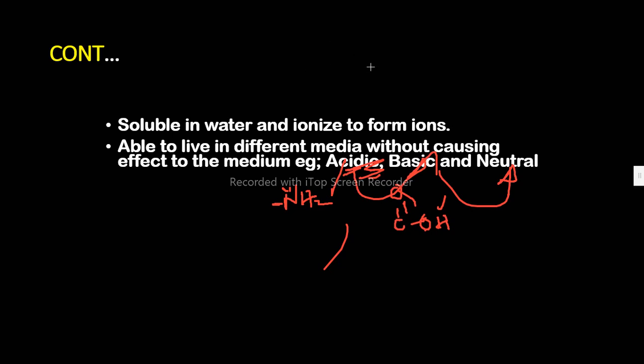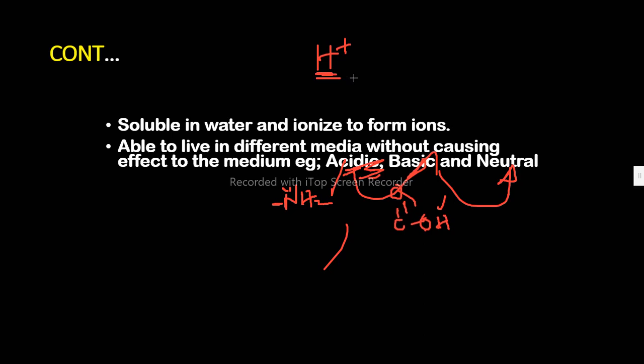So basicity is the ease of accepting a proton, and a proton is simply hydrogen that has lost its electron. So this hydrogen does not have any electron, so it is a proton. So it always seeks electron-rich centers.